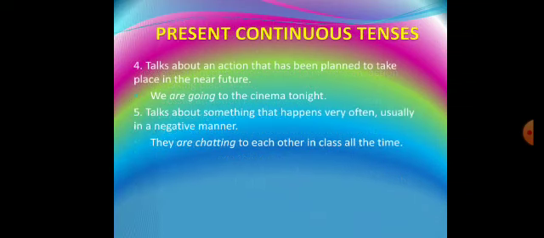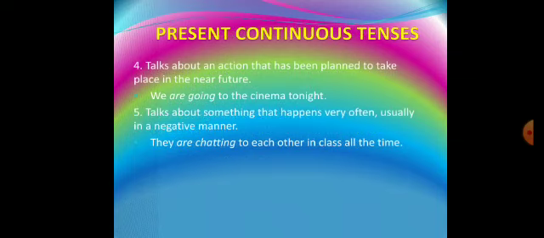Present continuous tense talks about an action that has been planned to take place in the near future. For example, we are going to the cinema tonight. That means in future. After some while it will be night and we will be going to watch a movie. And present continuous tense talks about something that happens very often, usually in a negative manner.